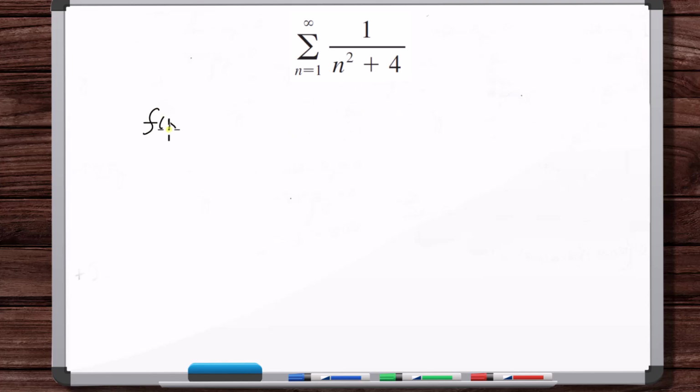Now if we look at the f of x, this is positive, decreasing, and continuous from n is equal to 1 to infinity for sure. So integral test, 1 to infinity.